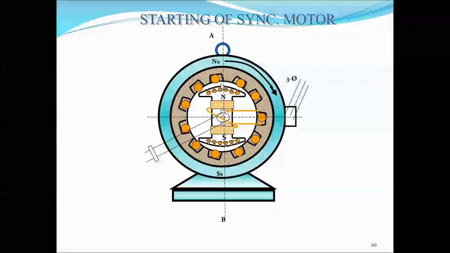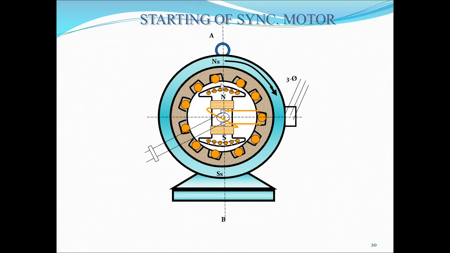And next, if you see the starting of a synchronous motor, how can we start? As we discussed, we have to give the three-phase supply to the stator winding, and the rotor is rotated near the synchronous speed by using some external arrangement connected to the shaft.